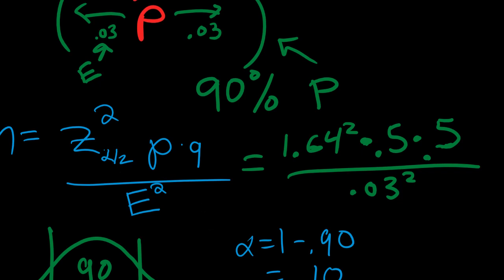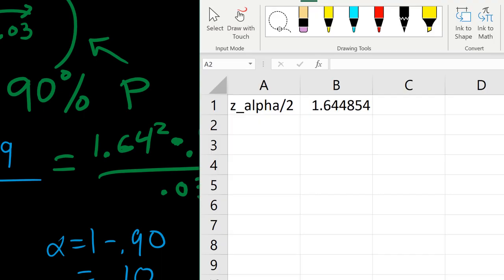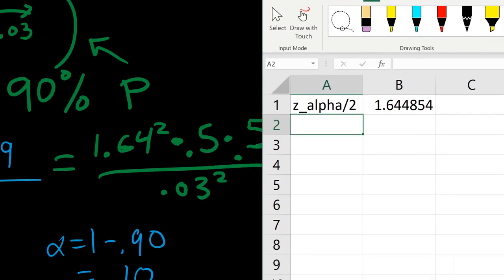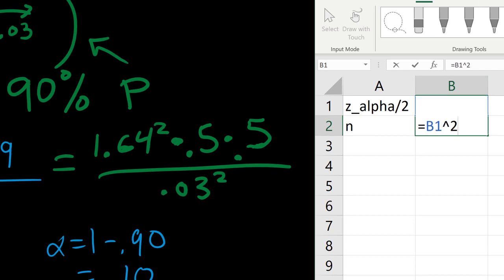All right, so let me go into Excel. Actually, let me move this over so I can see it while I'm doing my Excel formula. All right, so my sample size, N. Okay, so let me type in equals 1.64, or actually, instead of typing it, I could have just pressed on that cell, okay? And then done the little caret squared, so that's the Z squared, times 0.5 times another 0.5, or you could have just written 0.5 squared.